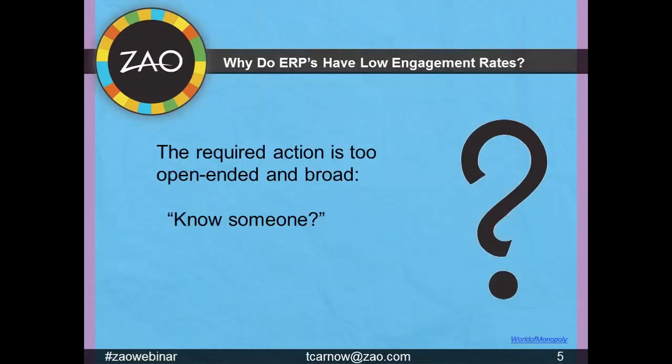Before we talk about gamification specifically, we're going to cover what the problem is. Honestly, the big question is, why do employee referral programs have low engagement rates? We found there are a few reasons. After talking with partners, we see a pattern. First, the required action is too open-ended and broad. In a typical referral program, you would ask employees, who do you know that's a good fit for the position, but then not offer any guidance on how to actually go about finding a great person for that job.